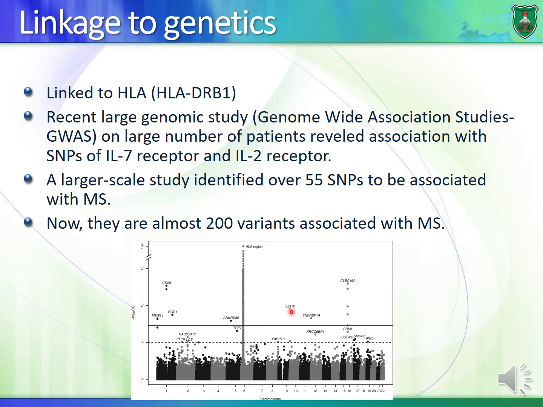So this is really the future of such studies, and hopefully we will find out the mechanisms, the genetic causes of diseases that are related to more multifactorial diseases such as diabetes and so on.